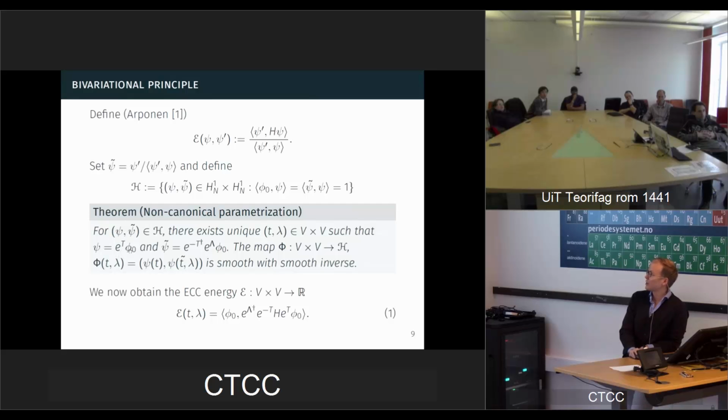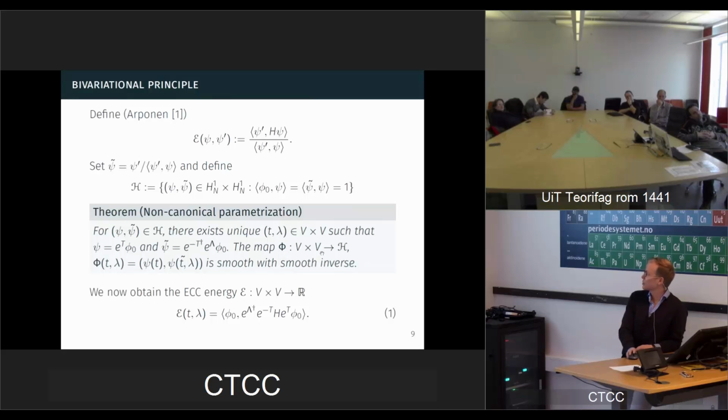Here we have the same as in coupled cluster, but here we also parameterize this psi tilde with a lambda. Note here that lambda is a cluster operator of excitation operators, and with this L2 adjoint dagger, we get de-excitations.